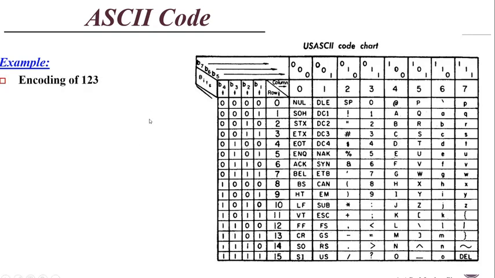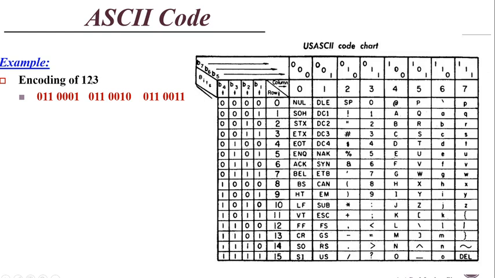Here encoding of 123 is given. 1 is represented with column 0, 1, 1 and row 0, 0, 0, 1.